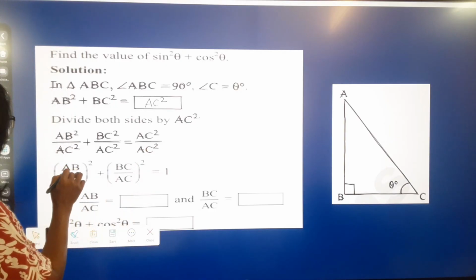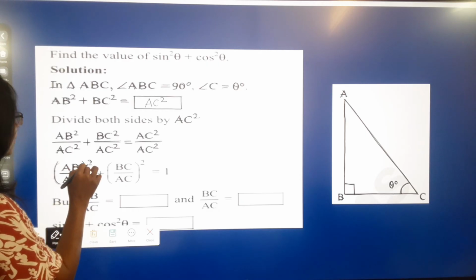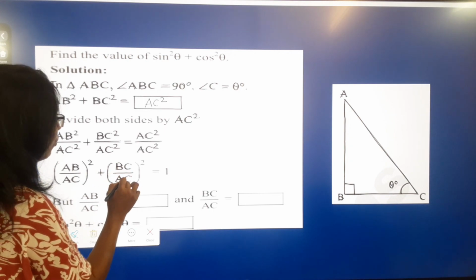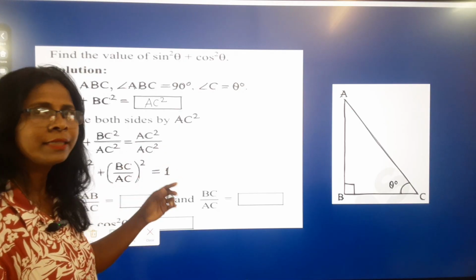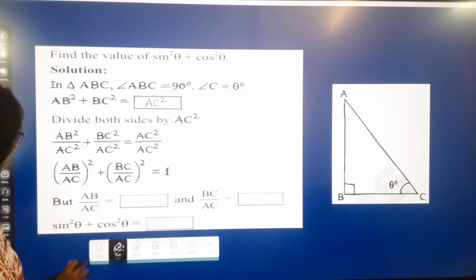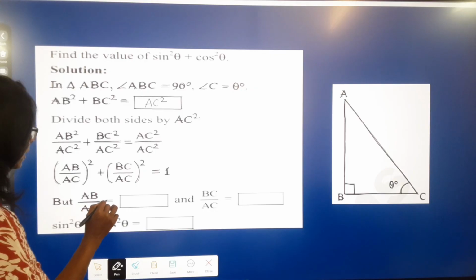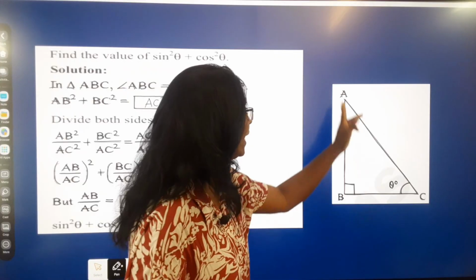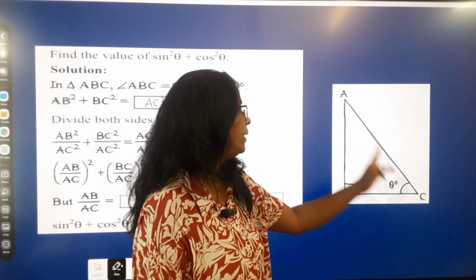That means here students, AB upon AC whole bracket square plus BC upon AC whole bracket square, which is equal to 1, since AC square upon AC square is 1. So now here students, in the figure observe that AB upon AC, that means AB is the opposite side of angle theta divided by hypotenuse.